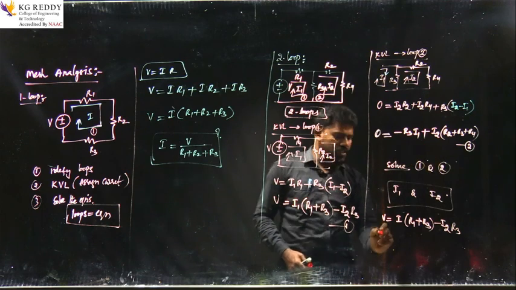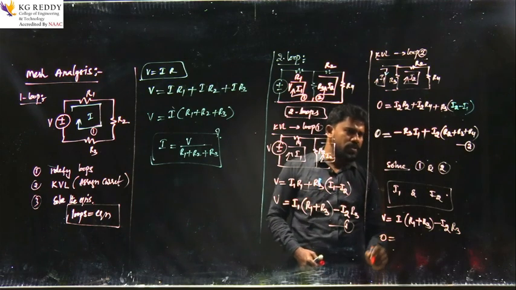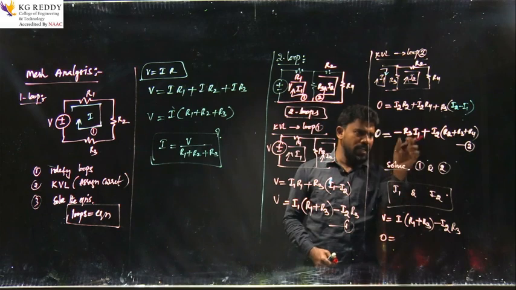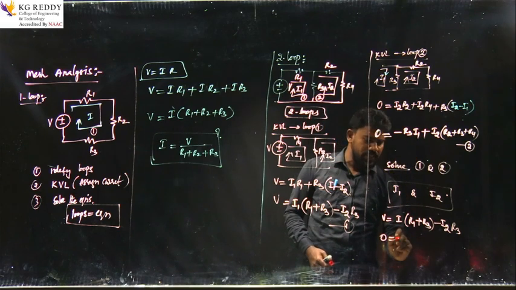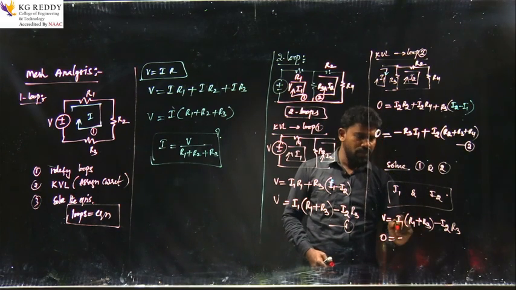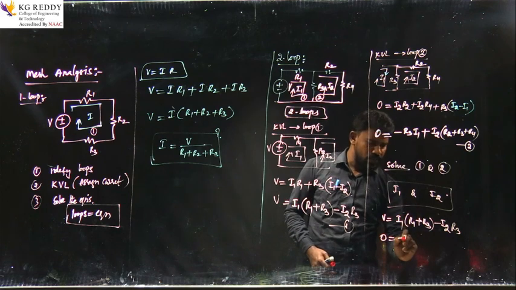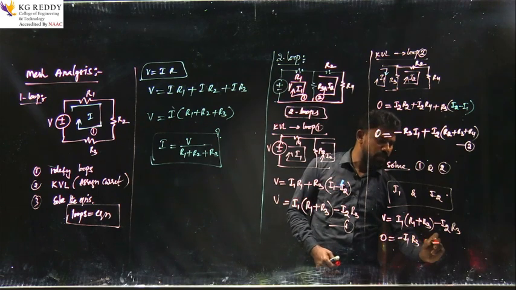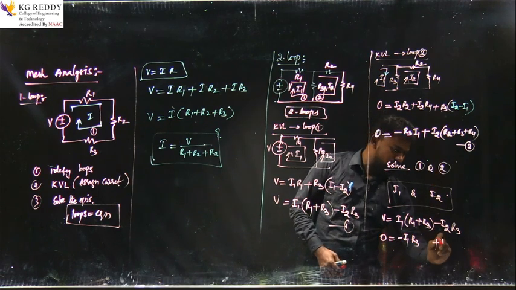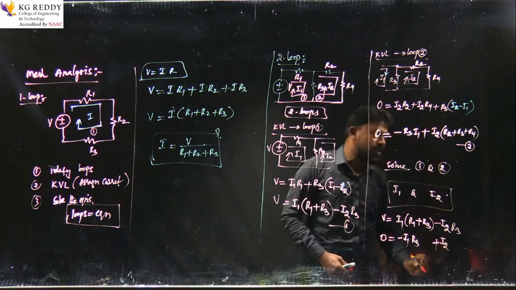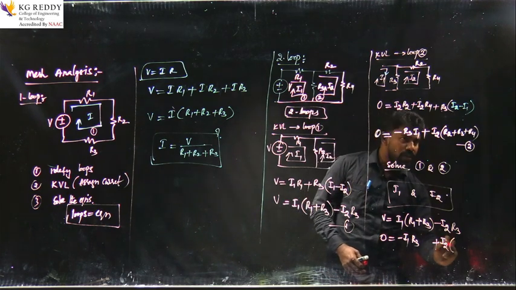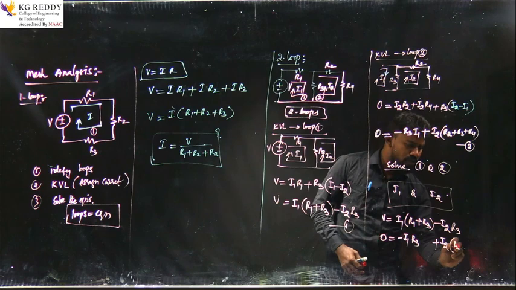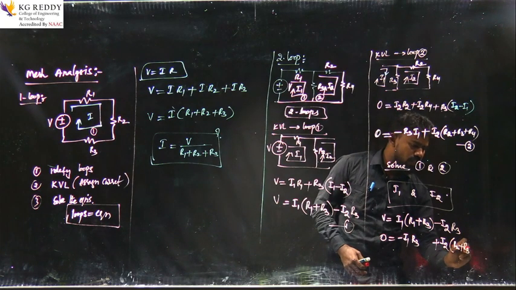Now equation 2 is 0 equal to, first I write the I1 terms: minus I1 into R3, plus I2 into R2 plus R3 plus R4.